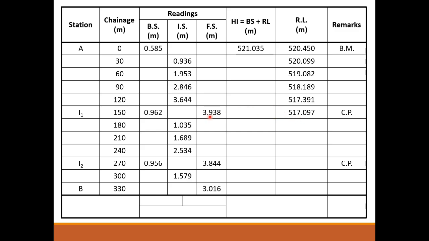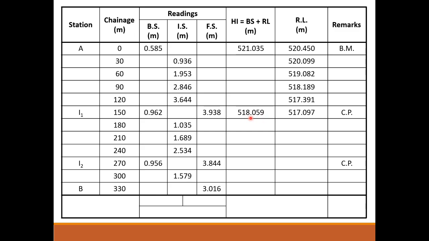Now this is the change point and we have changed the position of the instrument. Now we must recalculate the value of height of instrument to proceed. Again the same procedure should be repeated. 517.097 plus 0.962. Okay, this is as per this formula, and we will get the height of instrument 518.059.